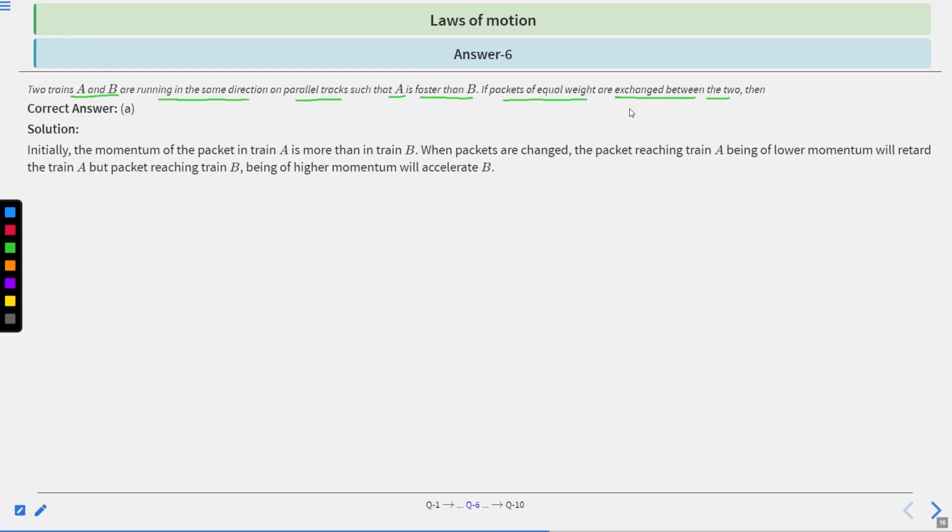Initially, the momentum of the packet in train A is more than in train B. When packets are exchanged, the packet reaching train A, being of lower momentum, will retard train A, but the packet reaching train B, being of higher momentum, will accelerate B. So the correct answer is A.